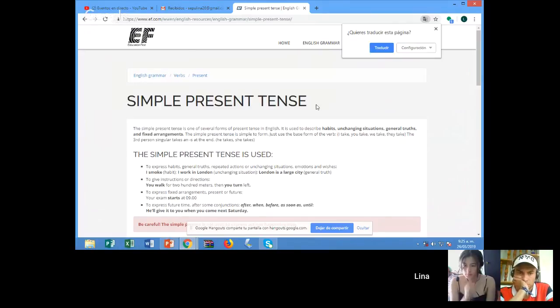It is used to describe habits, unchanging situations, general thoughts, and fixed arrangement. The simple present tense is simple to form. Just use the base form of the verb. I take, you take, we take, they take. The third person singular takes. We add the s at the end. He takes or she takes. Okay?